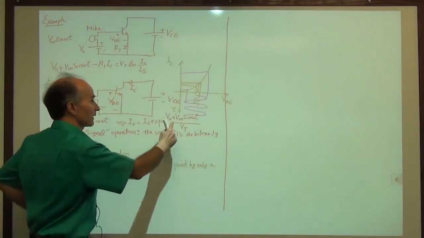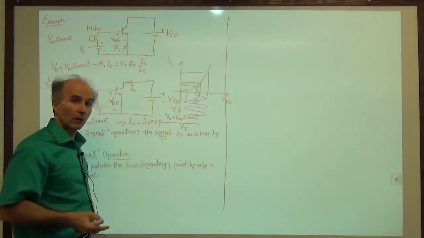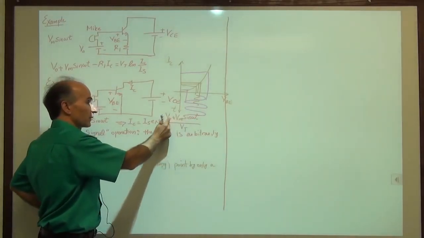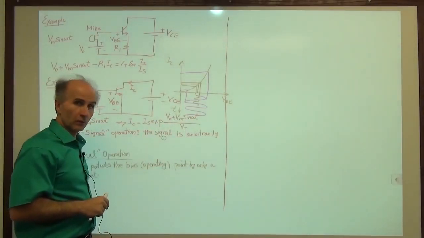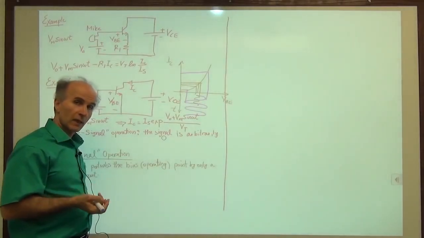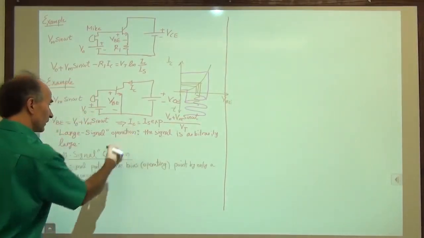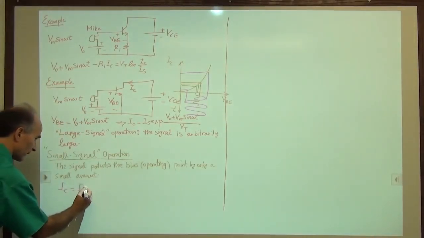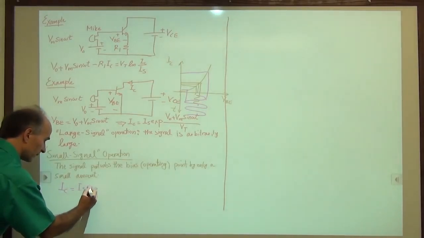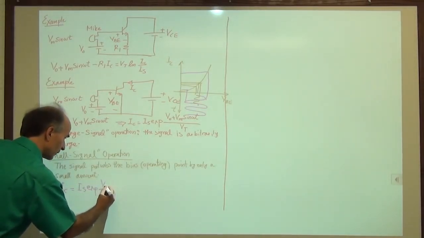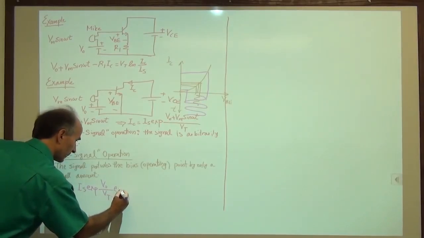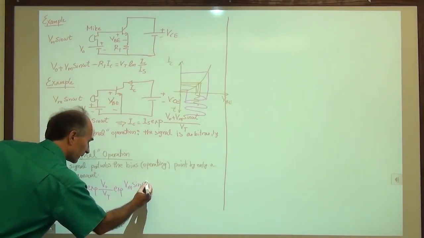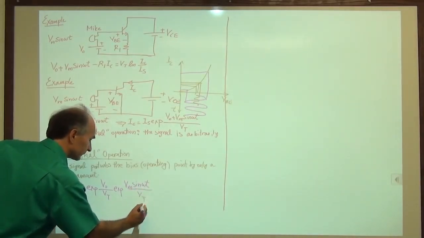And that means that I would like this term to be small. Now, does it mean that this term should be small compared to V0? No. It's actually more constrained than that. So let me write that here and see what we get. So IC is equal to IS exp of V0 over Vt exp of Vm sine of omega t over Vt.